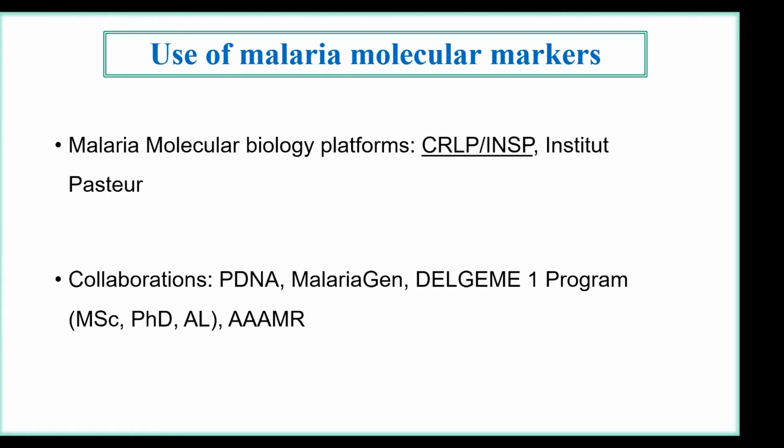We also have collaborations with different organizations like Pathogen Diversity Network Africa, led by Prof. Djimde, and MalariaGEN, also a program which is a training program for MSc, PhD, and aspiring leader students. And we have also collaboration with the African Association of Anti-Malaria Drug Resistance. Next slide.